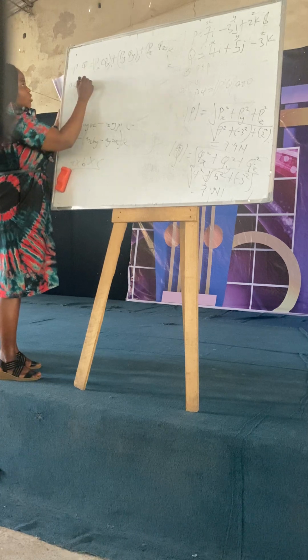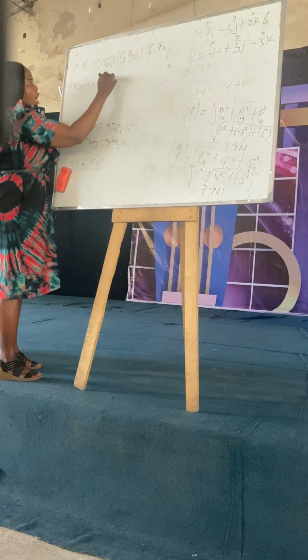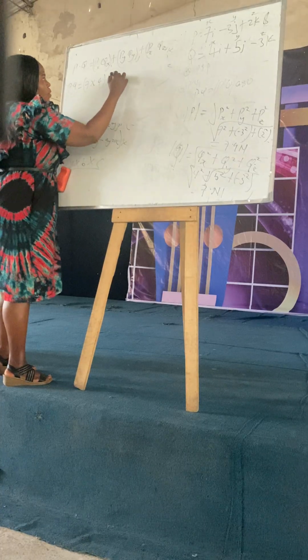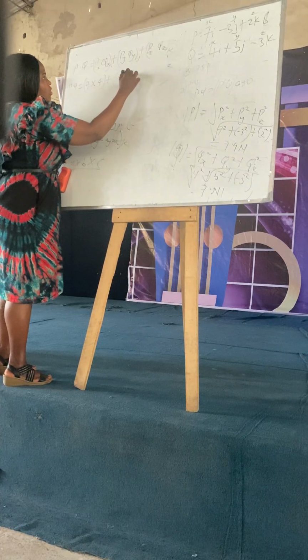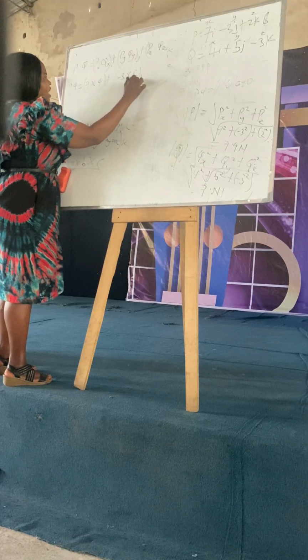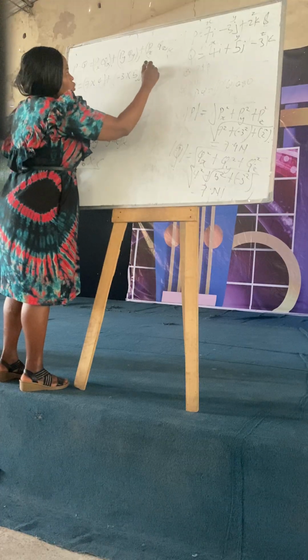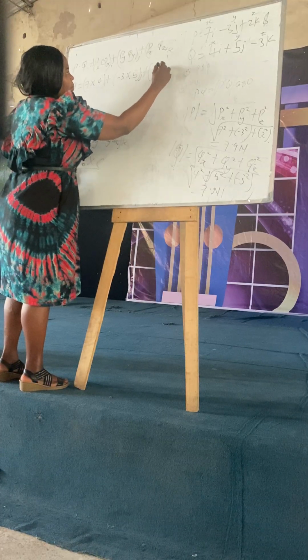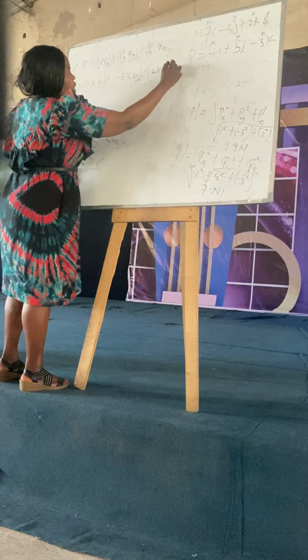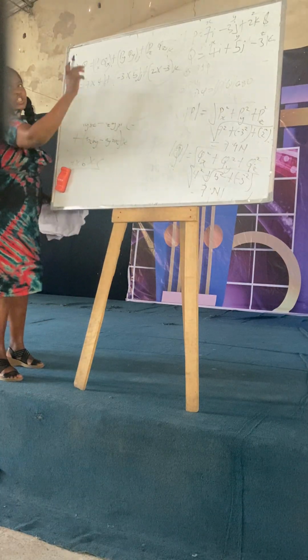Our Px is what? 7 times what? 4, right? Plus our Py is what? Minus 3 times 5, right? This is I, this is J. Plus our Pz is what? 2 times minus 3, right? Of what? K. This sign this plus this plus this plus this.